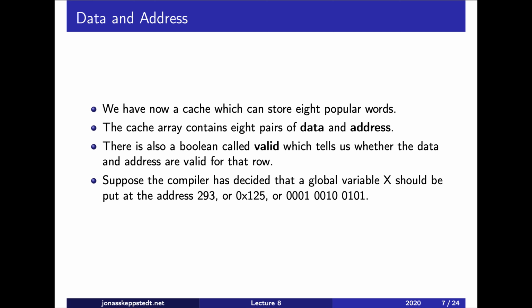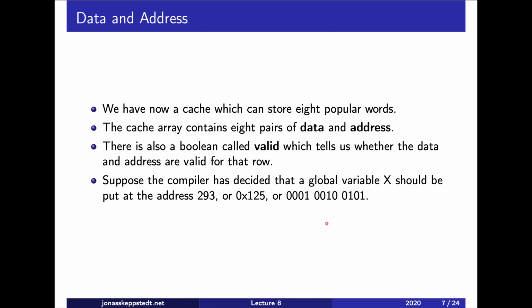Okay, so where do the addresses come from? If we have a global variable x, who decides which address it should be at? Well, it's the compiler. Say it decided that this variable should be at the address 293, or hex like that, or binary like that.